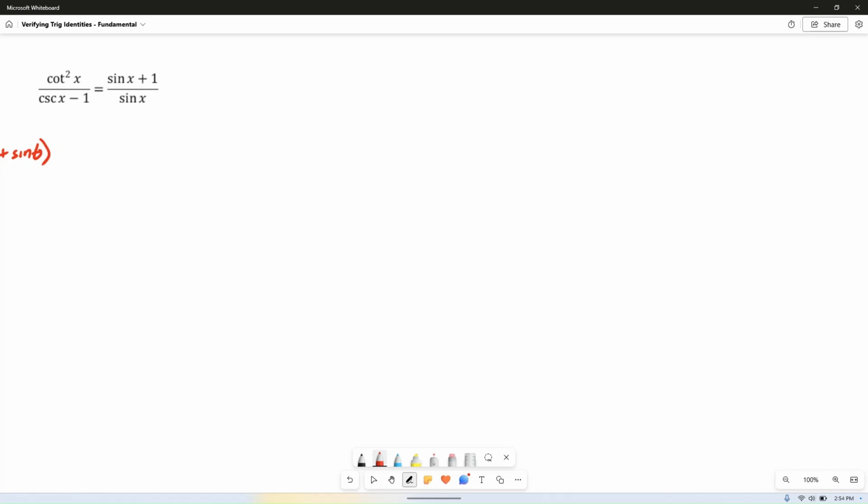Some of our options might be the Pythagorean identity that 1 plus cotangent squared x is equal to cosecant squared x. That's one option. We also know that cotangent of x is equal to cosine x over sine x.